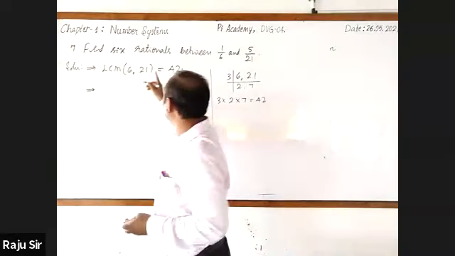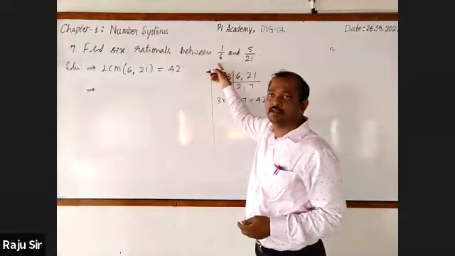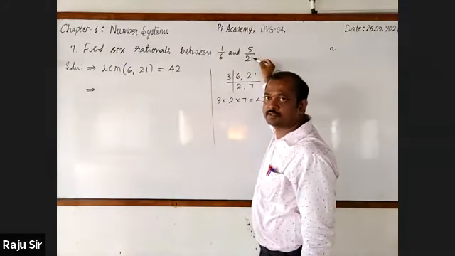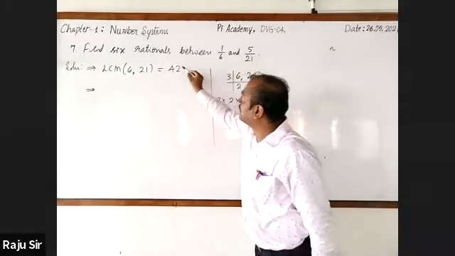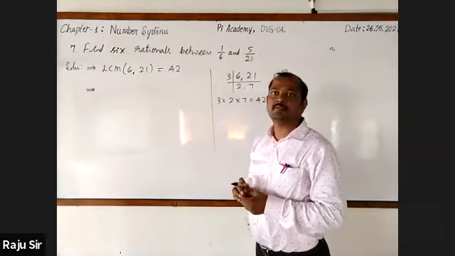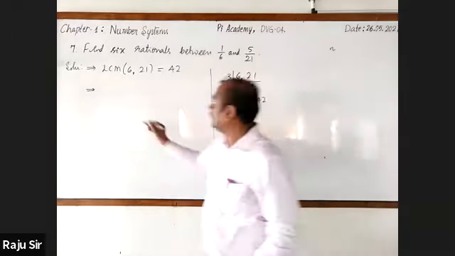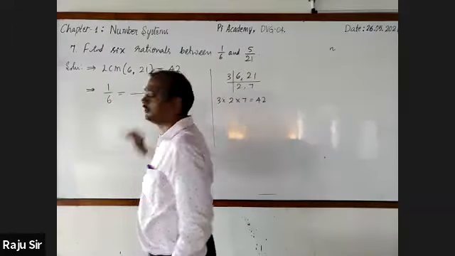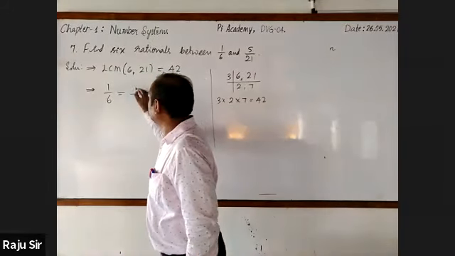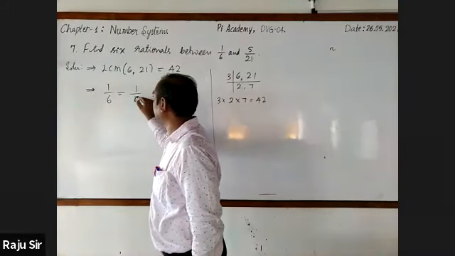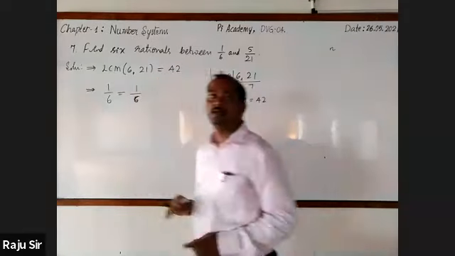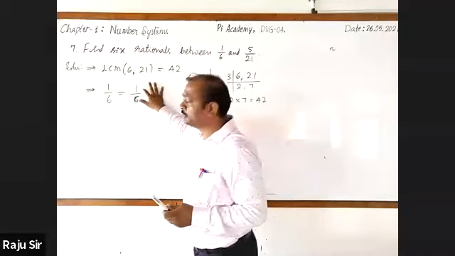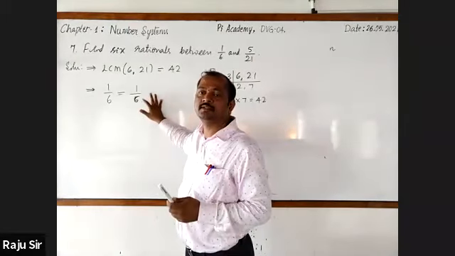Okay. Next, let us write the equivalent fractions of these two rationals such that the denominator is this LCM, 42. Look, 1 by 6 is there. You all know that you get an equivalent fraction by multiplying numerator and denominator by the same number.